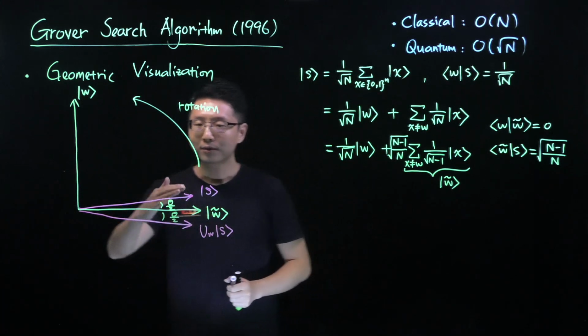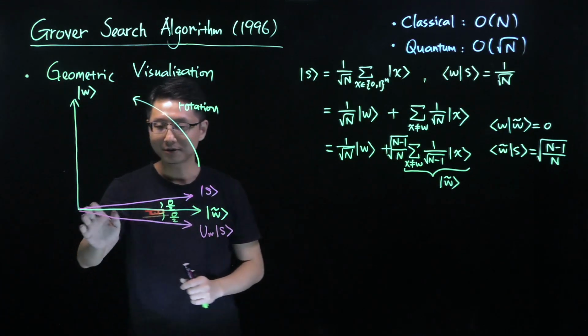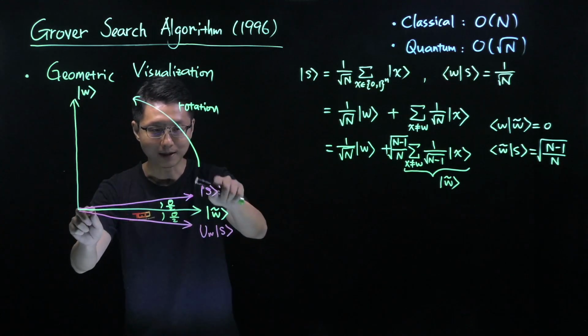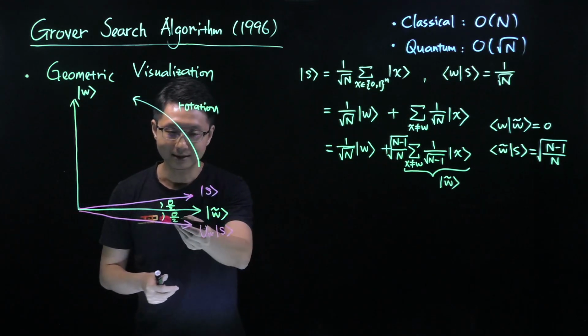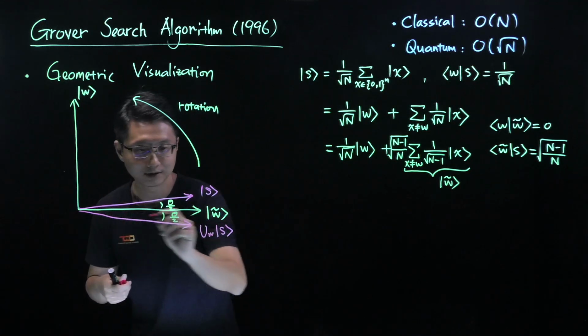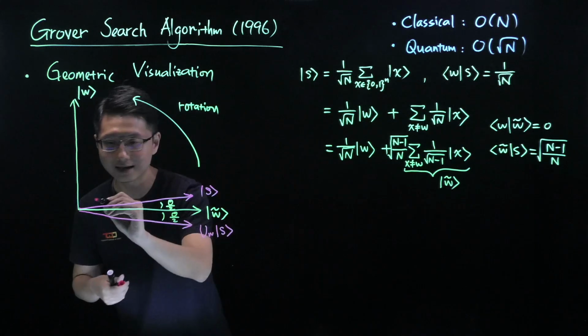And now we want to do the second reflection to bring this state closer to W. So you can see we can do that via a reflection about the axis defined by the S. So I'm going to reflect this about the state S. So this angle is theta. So after reflection, it will be another theta over here.